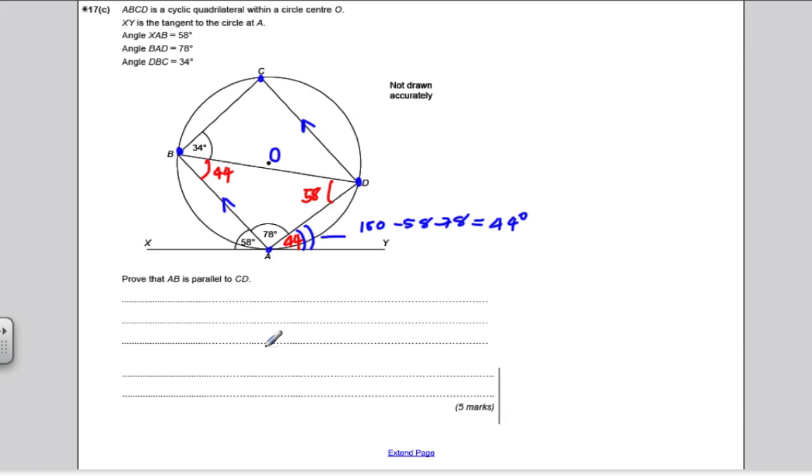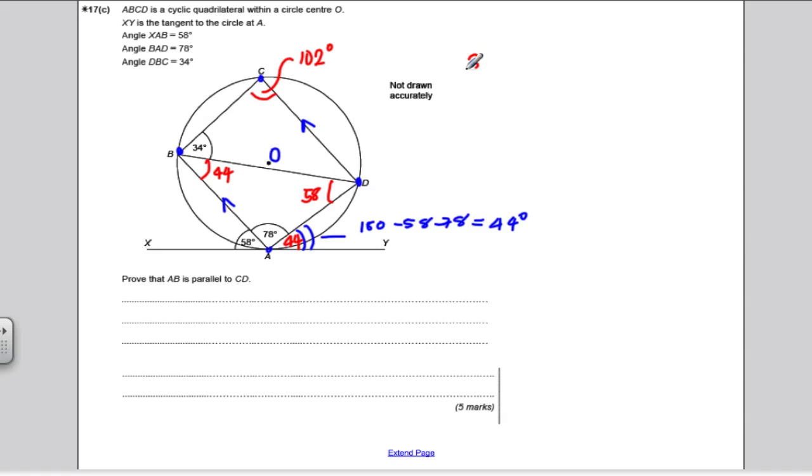Now, one other thing to say, opposite angles in a cyclic quadrilateral add to 180. So this angle, together with this angle, must add to 180. So this, by default, must be 102 degrees. And similarly, this here plus this must equal 180.